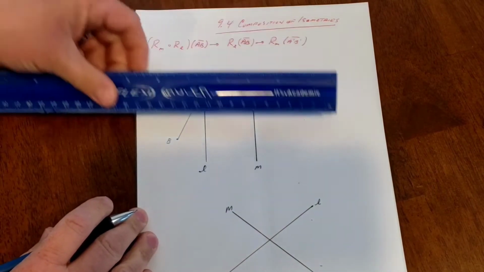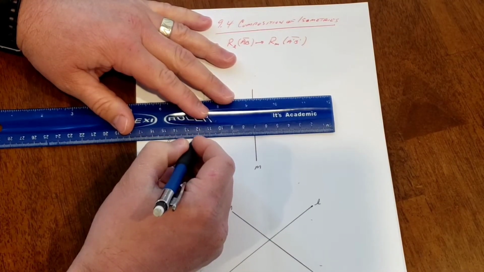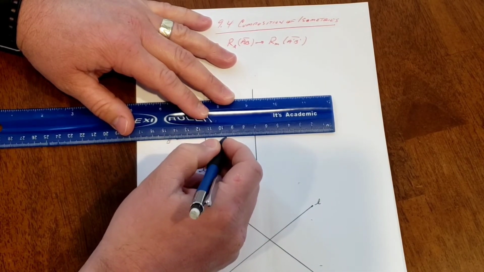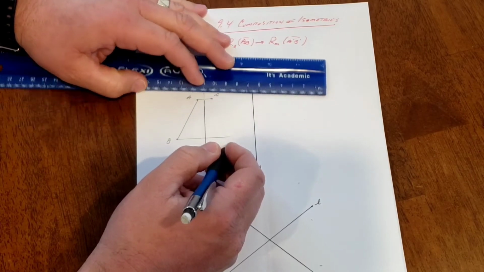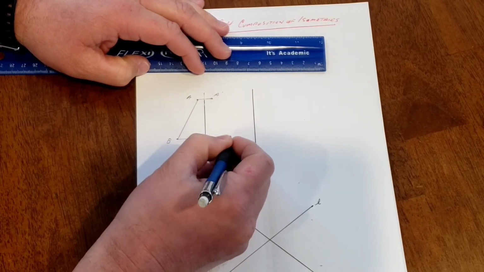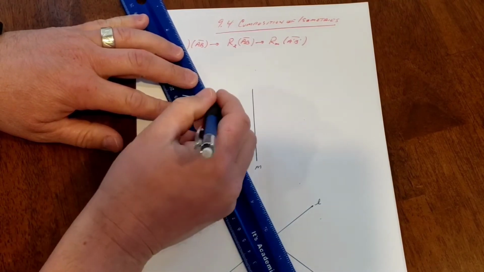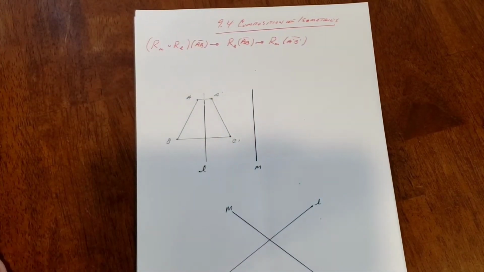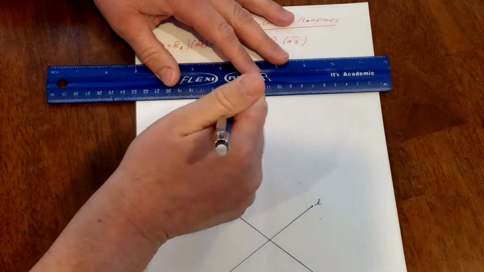So there's A prime. And B will be this far away from L. So B prime will be the same distance away, right about there. And so there's A prime, B prime reflected across line L from AB. Now if we're going to reflect this across line M, once again, find the distance from A prime now.